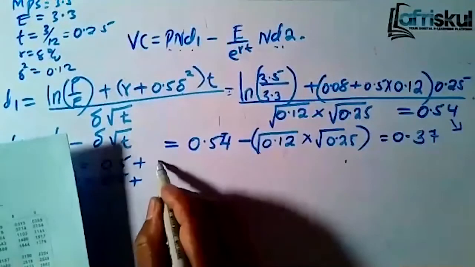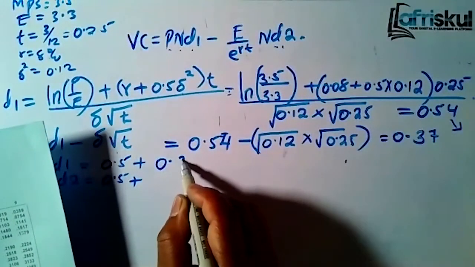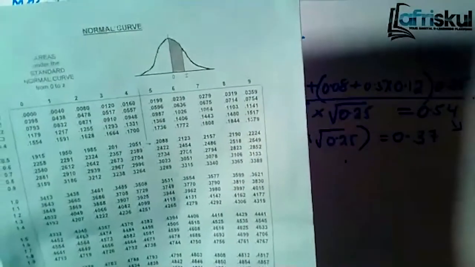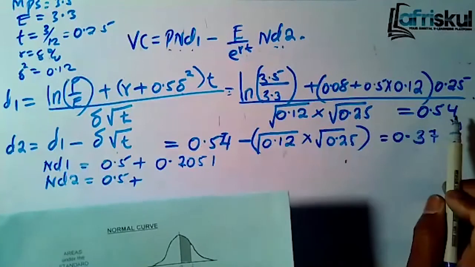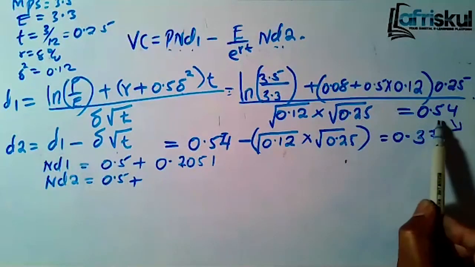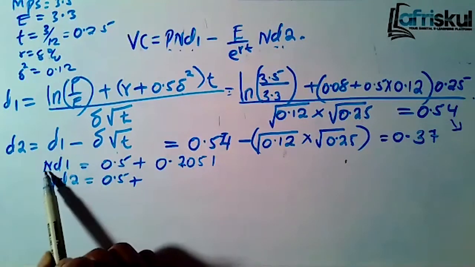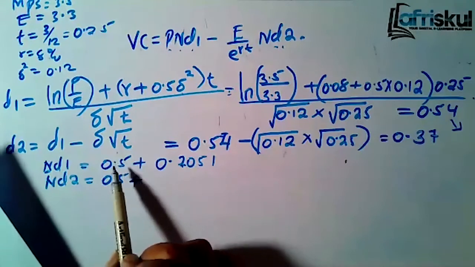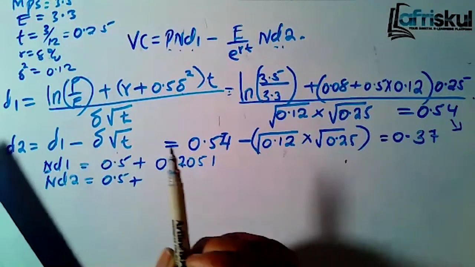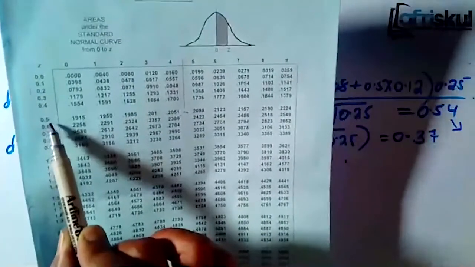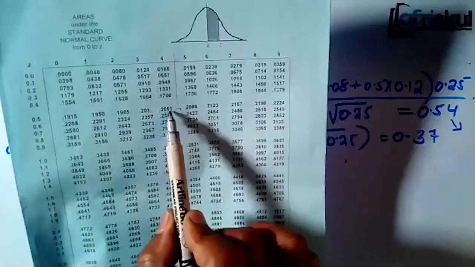So that means you add 0.2051. I repeat again. We are converting this d1, which is 0.54, into N, the normal distribution. So you just take 0.5. I'll come to explain why we add 0.5. Then to get 0.54, you come here, 0.5, 0.54.